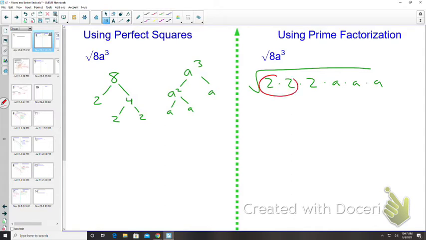So it'd be 2 and 2 is 4, or the square root of 4 is 2. So 2, and then you have the a's. Wait, 2a square root of 2a. Yeah, good. 2a square root of 2a.